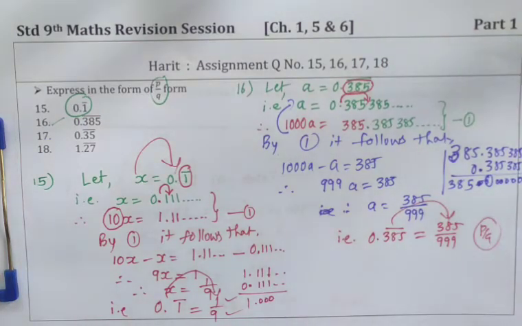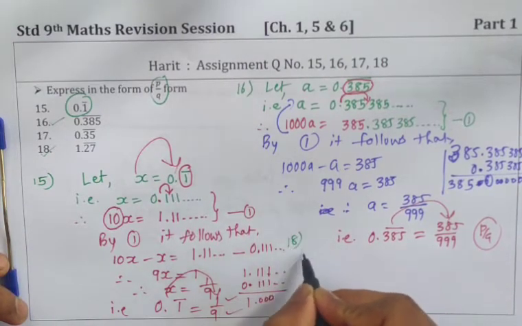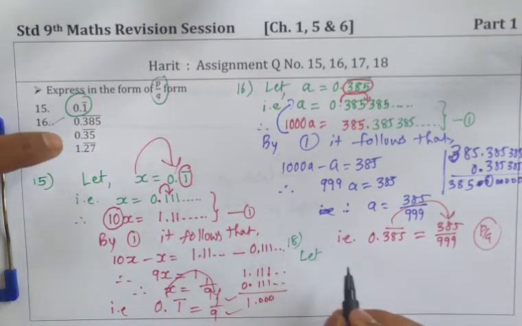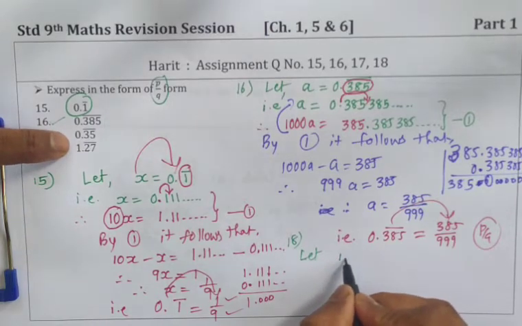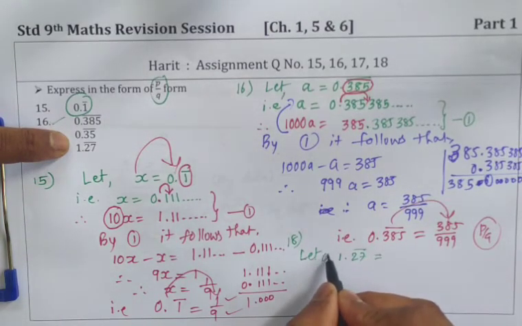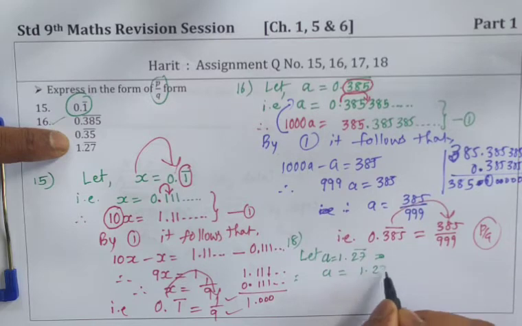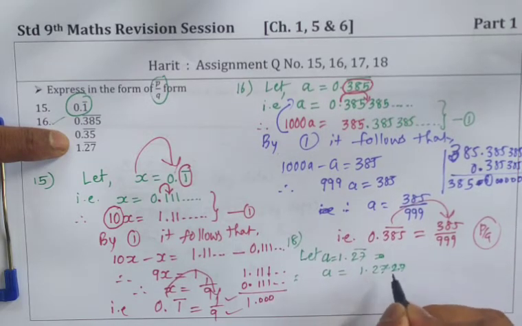Fine. So this too you can do yourself. Or let me do the 18th one. I'll be writing directly. 1.27 bar. Let a be equal to that. Therefore, a is equal to 1.2727, 2 digits are recurring.